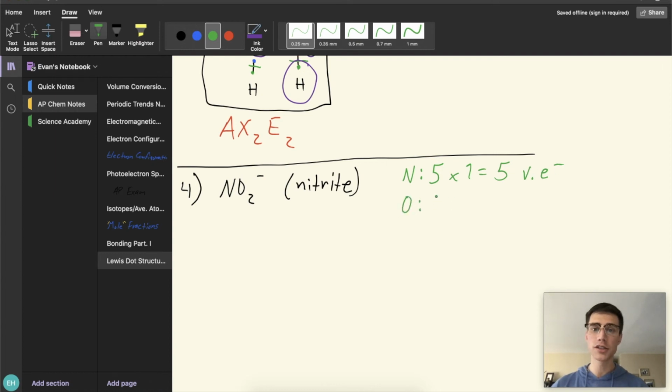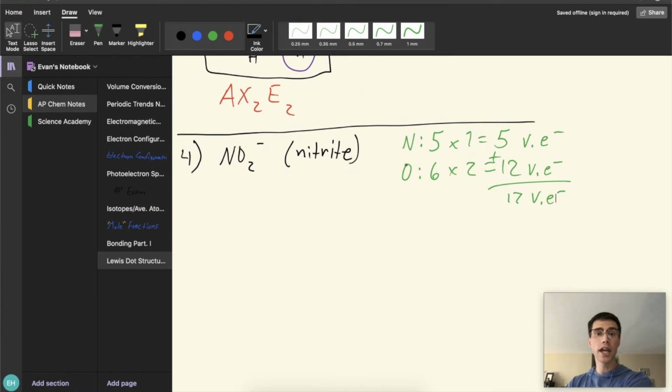The oxygens have 6 valence electrons, but there are 2 of them from this subscript right here. So we expect 12 valence electrons from our oxygens, which is a total of 17. However, because we still have that negative charge here, and electrons have a negative charge, this negative on the molecule shows us that we need to account for 1 extra valence electron. So we should have a total of 18 when we are done with this molecule, okay?